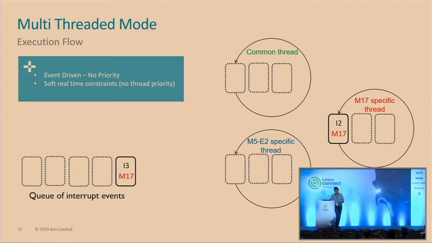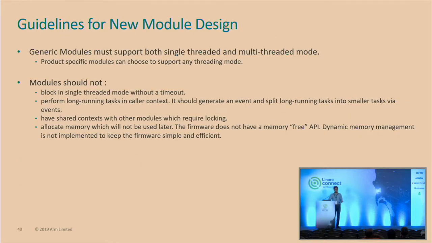You take the second event, and let's say the second event generates an event targeted to another module that runs in the context of another thread. You then invoke that particular thread, and once that gets done, you probably get another interrupt event that comes to the back of your queue. You continue the process till the entire thing is done. So it's pretty simplistic. It gets your work done in a way that if you want a thread for your module, you can have it, but there's no hard and fast requirement.